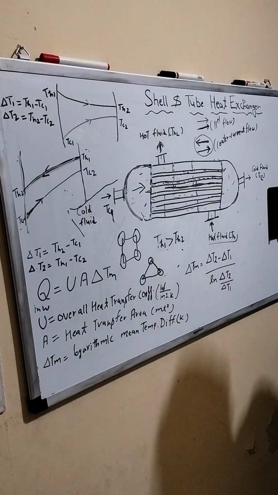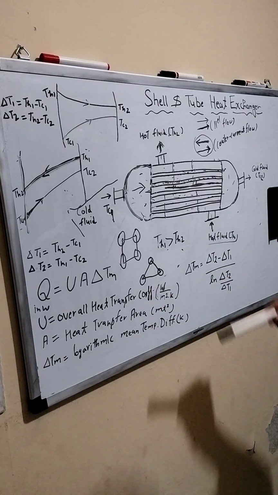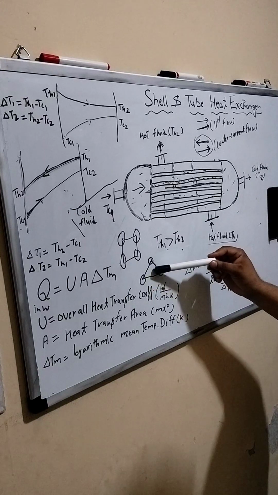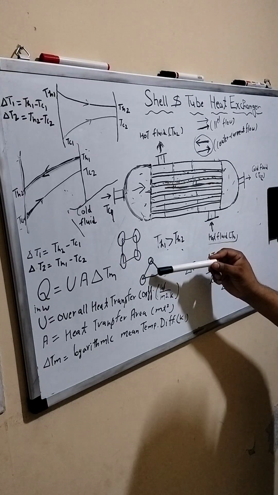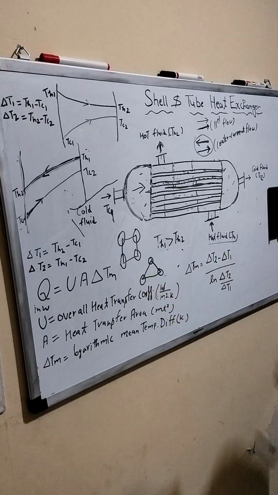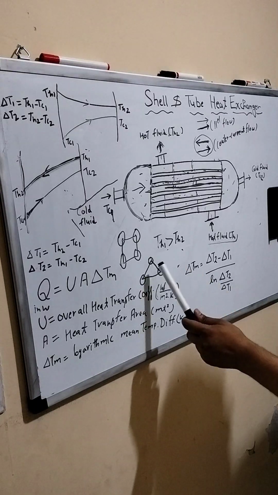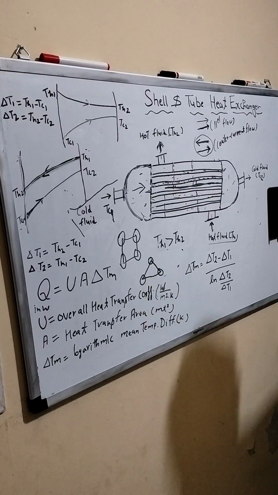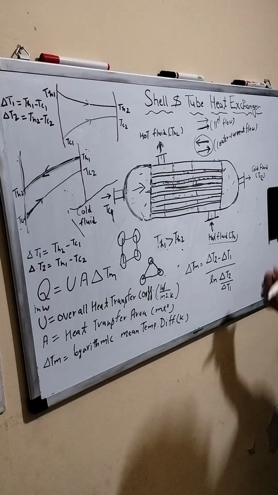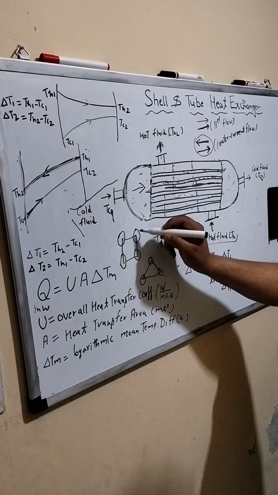You can place the tubes in the tube sheet in two arrangements: square and triangular. For the same area, the number of tubes will be more in the triangular arrangement. So heat transfer in the triangular arrangement will be more compared to the square arrangement.